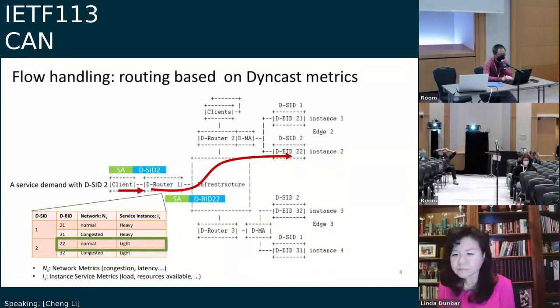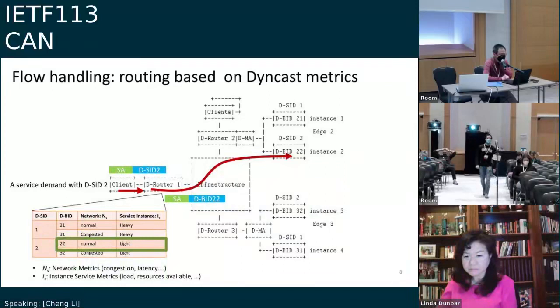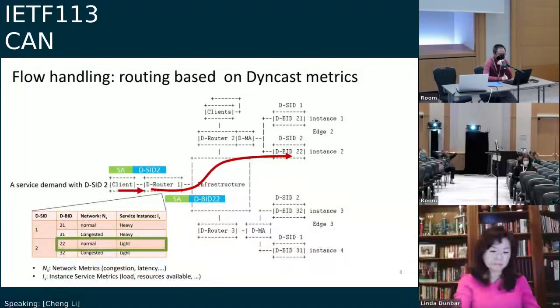So in this case, as you can see here, we have two DCs, DC1 and DC2, which identify two services, right? For each service, we have two respective service instances, 21, 31, 22, 32, right? And we have a forwarding entry here for each Dyncast forwarding entry.